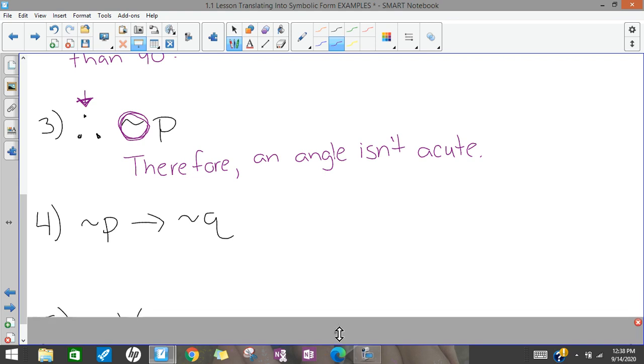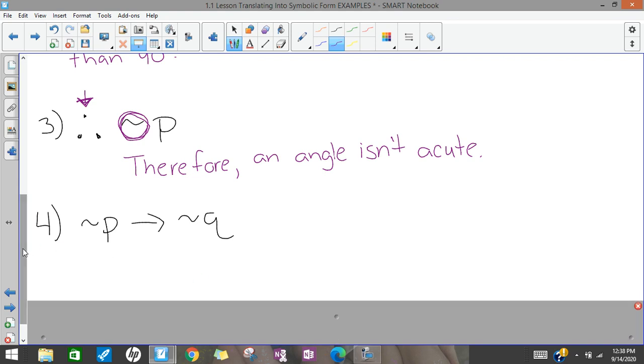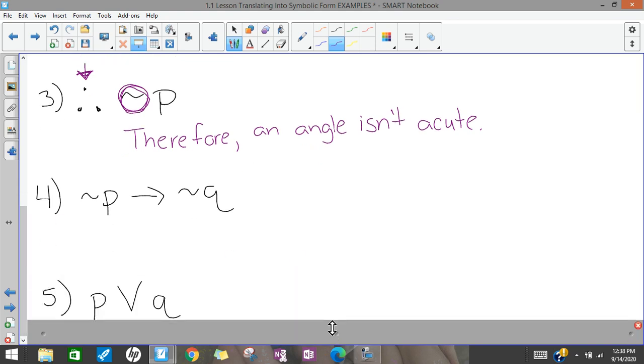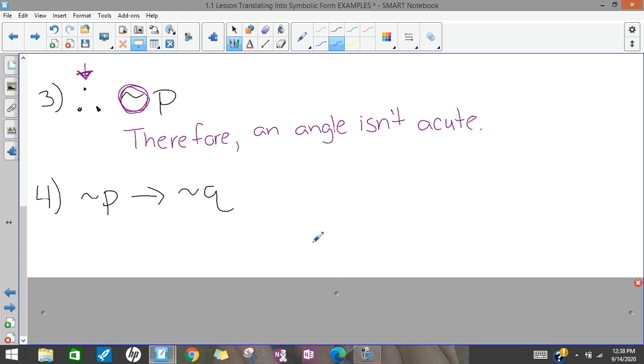So I want you to go ahead and give this one a try. Oh, actually, I'll do this one with you, then I have one more. Remember that this arrow means if then, so we got to start this with an if. Not P, so not P, we can pull from right up here. An angle isn't acute.